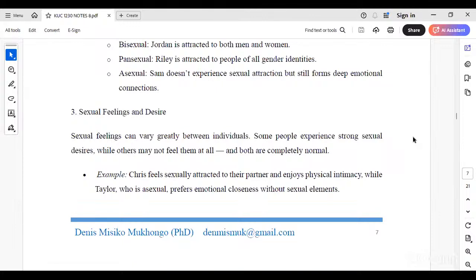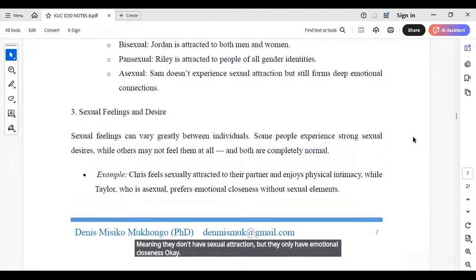Okay. So for example, if someone is sexually attracted to their partner and enjoys physical intimacy, but there is someone else who is asexual, meaning they don't have sexual attraction, but they only have emotional closeness.